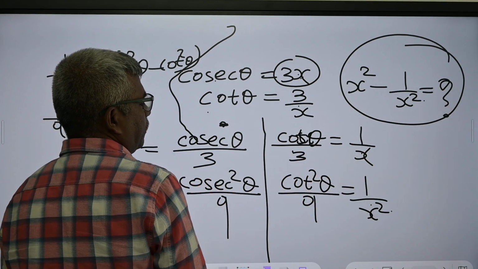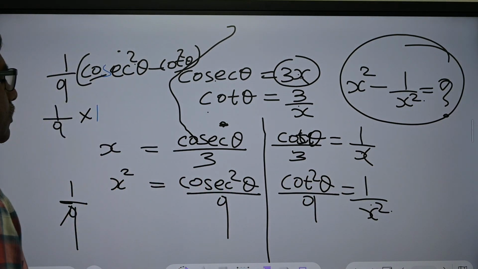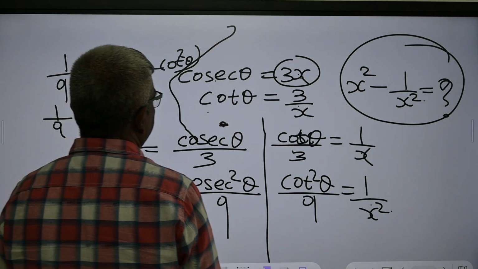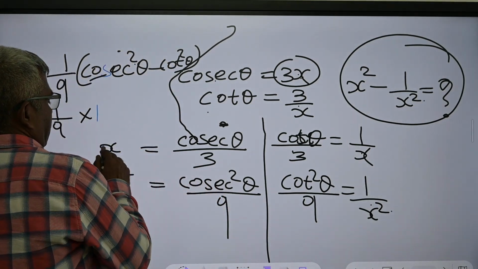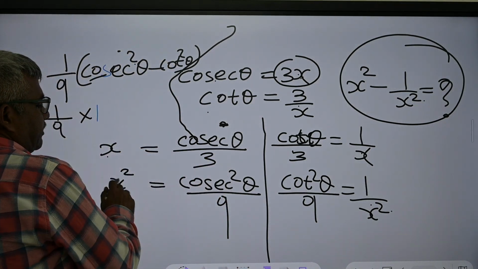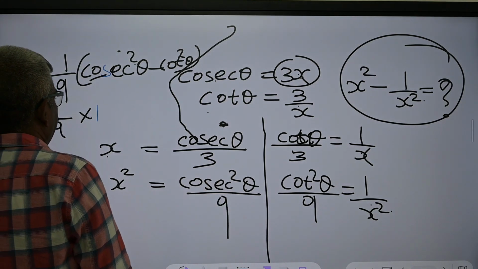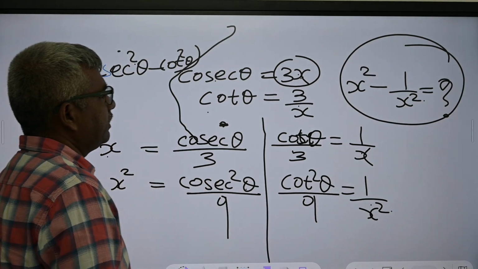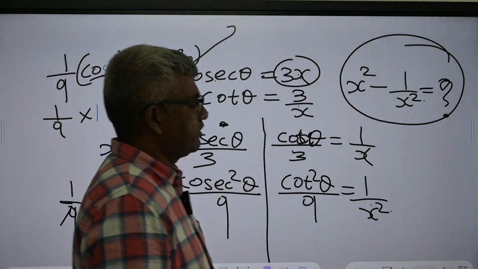I square it on both sides, so 1 over x whole squared is 1 over x squared, so cot squared theta over 9. X squared is cosecant squared theta by 9. Just take common. What they want is x squared minus 1 over x squared.